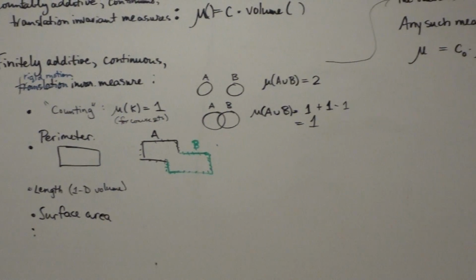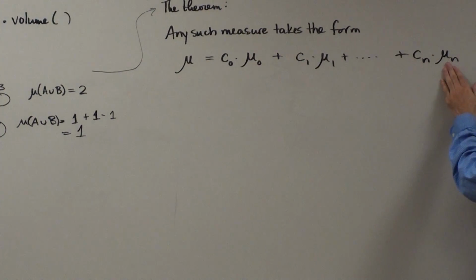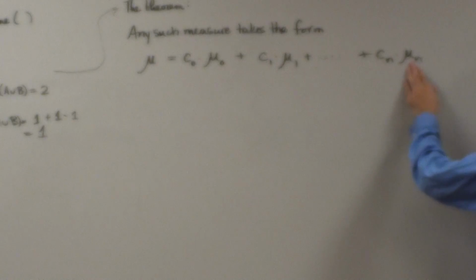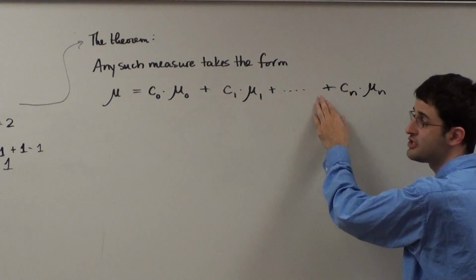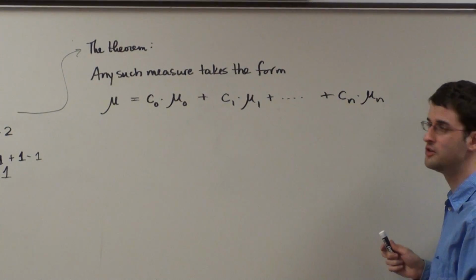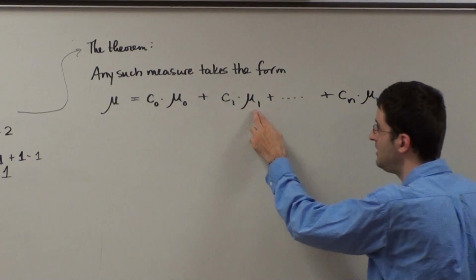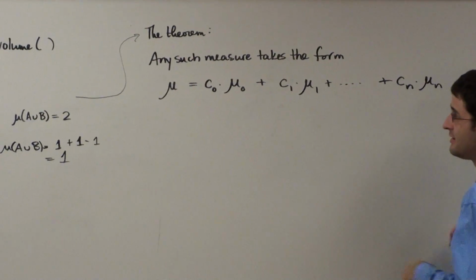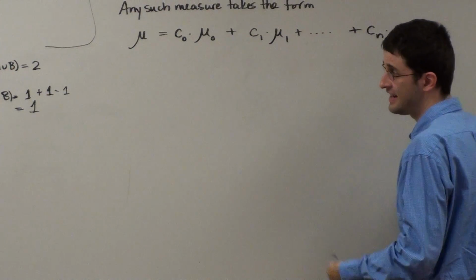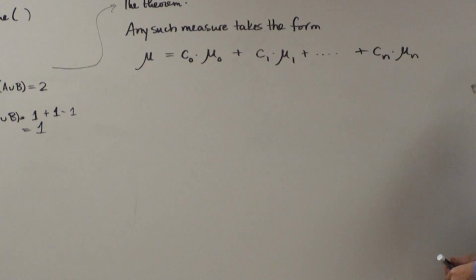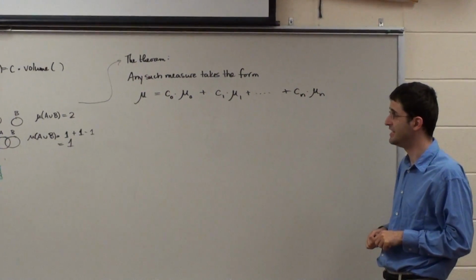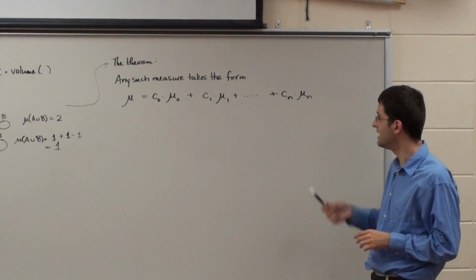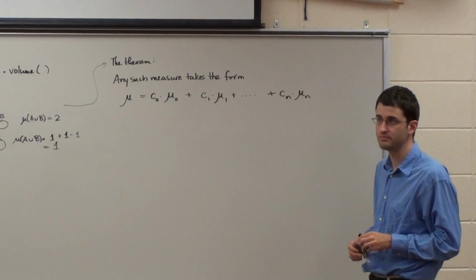So if you want to measure in n dimensions, you'll have an n-dimensional measure, which is your volume, and an n-1 dimensional measure, more or less corresponding to perimeter or surface area. Then a couple other measures, which I'll explain in a moment, and then a zero-dimensional measure that goes down to your counting measure. Any finitely additive, continuous, rigid motion invariant measure in n-dimensional space comes down to just those n+1 measures.